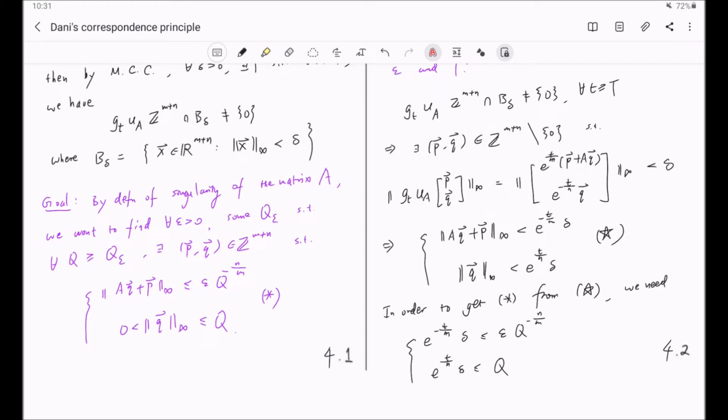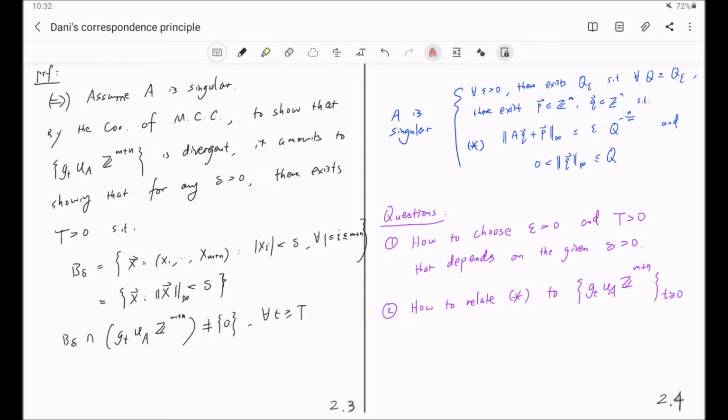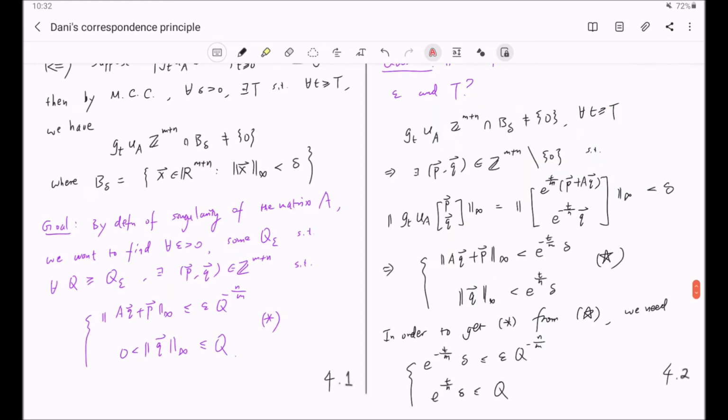Previously, in the forward direction of Dani's correspondence principle, we wanted to solve this for t, because back then it was the choice of the capital T that we wanted to find. But now at this moment, our goal is to find q_epsilon. So we want to solve those inequalities for Q. So let's do it.